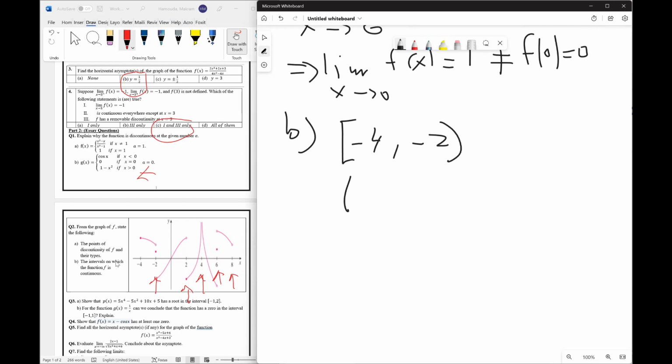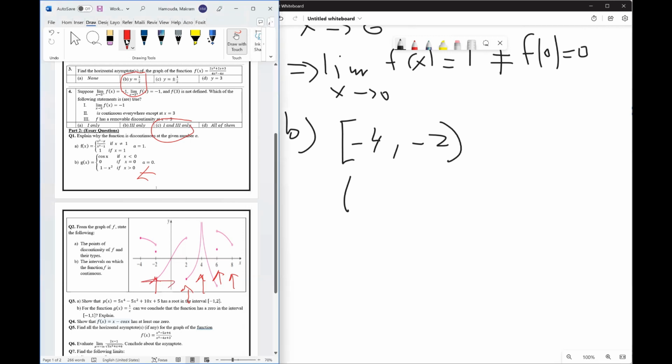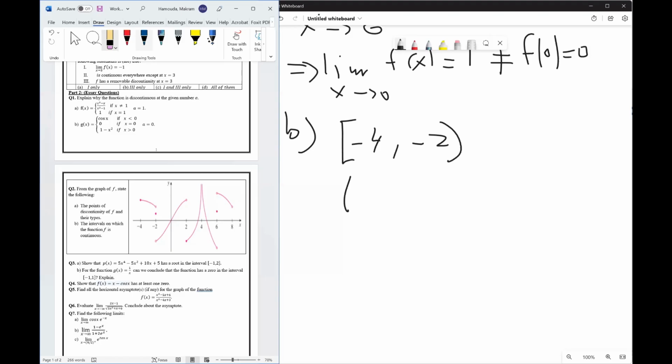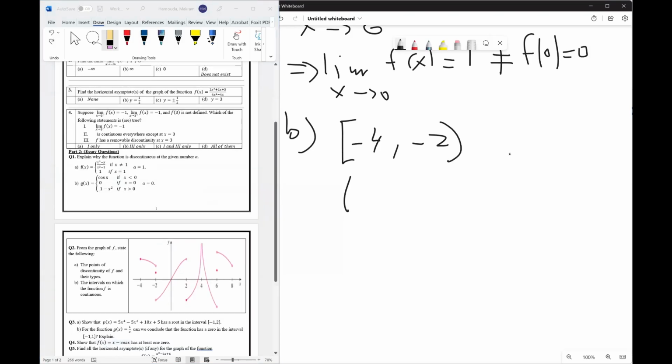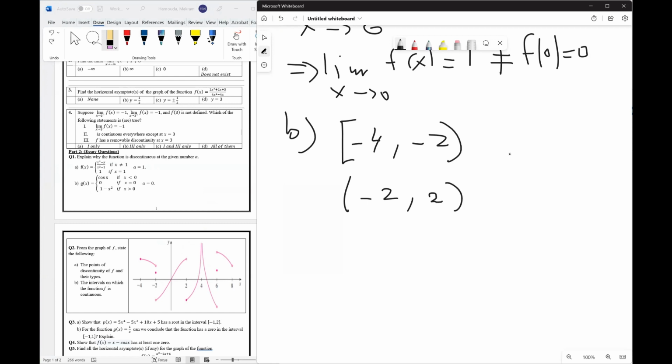The second one, so let me remove this writing here. Two, two open, and then close it.